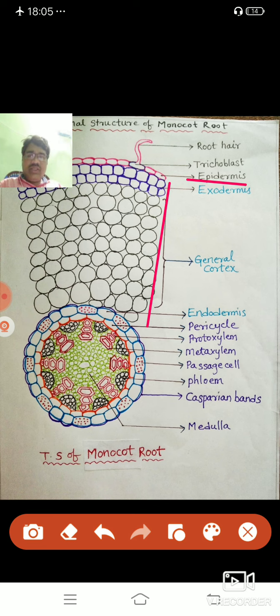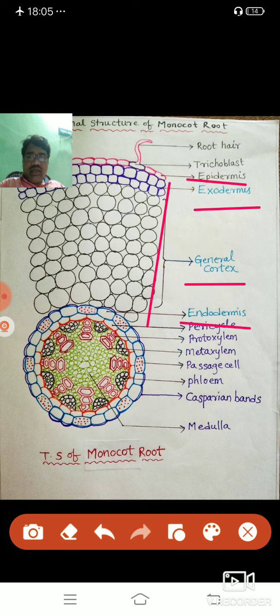In this cortex region, again divided into three subregions. First one is exodermis, second one is general cortex, third one is endodermis. So these are three regions under the cortex. The cortex is present between the epidermis and stele.